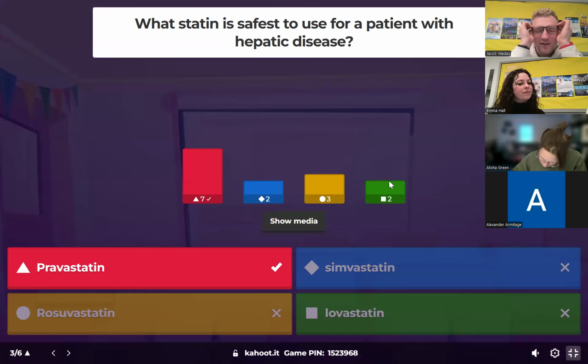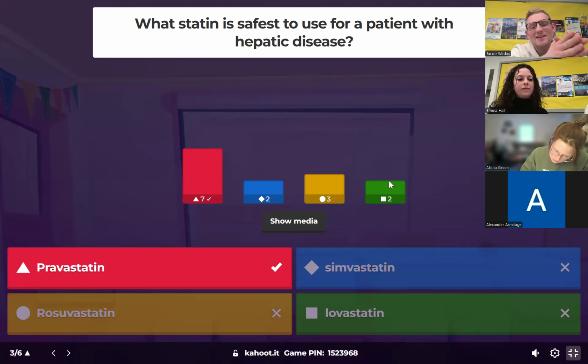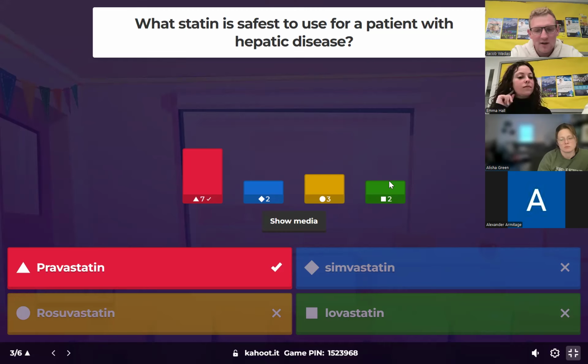Just something to point out to you guys: if there is a special characteristic of a drug, it is most likely going to be asked on the exam. Like pravastatin being the safest to use in hepatic disease. Anything else, like black box warnings or specific counseling points, they're most likely going to ask you questions about on the exam. So keep that in mind for your future studying.